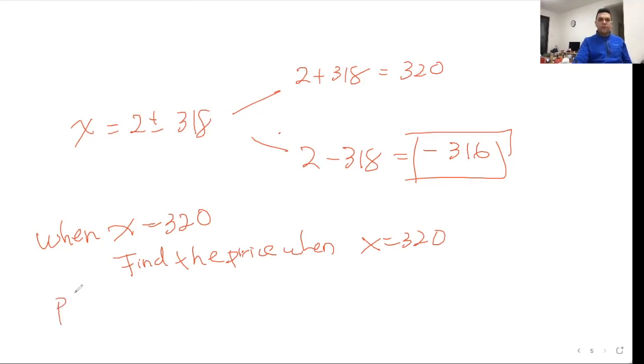P of 320 equals 1,264 divided by 320. I should get an electronic calculator. 3.95.